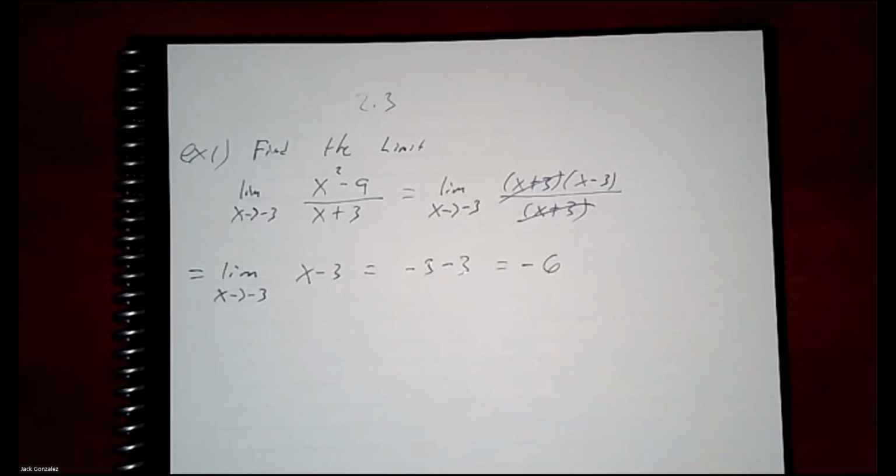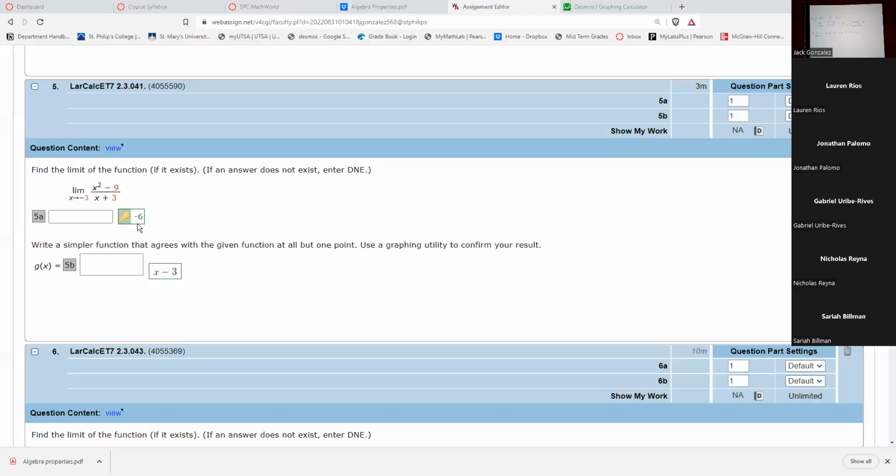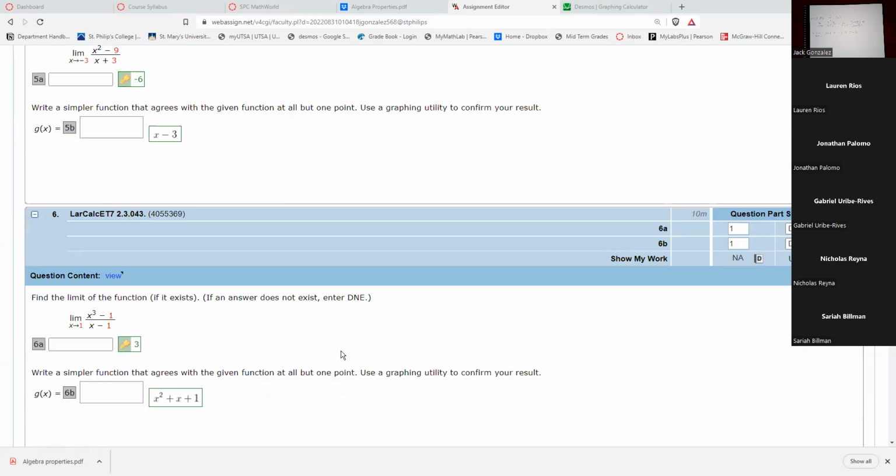That's your answer, -6. That's how they get this here. If you were to graph it, you would see that the y as x approaches -3 from the right and left, you're going to get closer and closer to -6. So you can still use the techniques from the last section. You can still use graphs if you want.